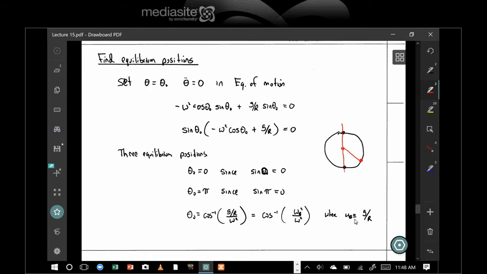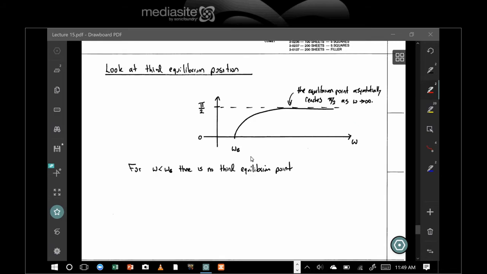However, there's a third one, and that third one comes from this equation right here, and so that's going to be at some angle. Again, let's just draw it out. I have an axis that comes up through here. Here's the center, and then I'm going to have some other equilibrium position, say here.